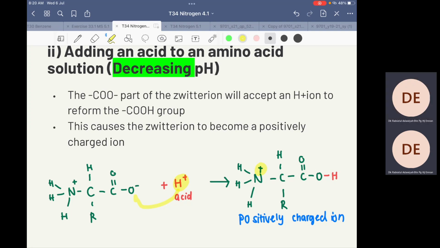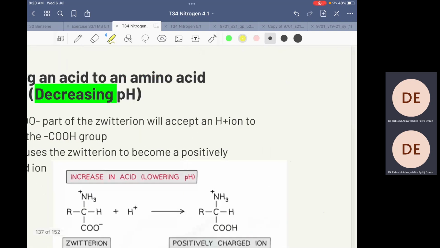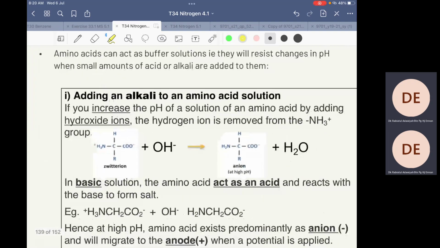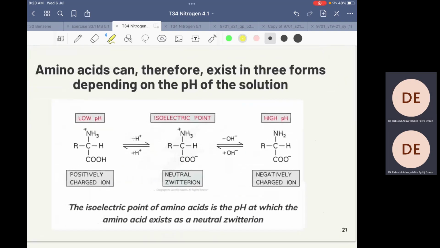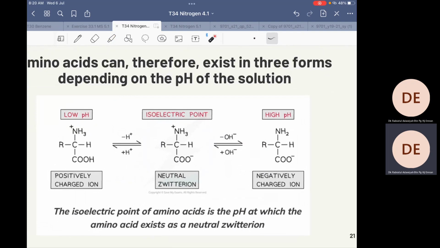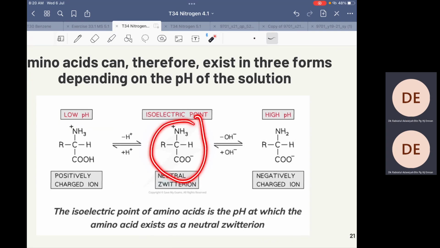So to summarize, amino acids can therefore exist in three forms depending on the pH of the solution. Okay, so that's our summary here. If the amino acid is in a solution that has a pH 7, then it will exist as a Zwitter ion.